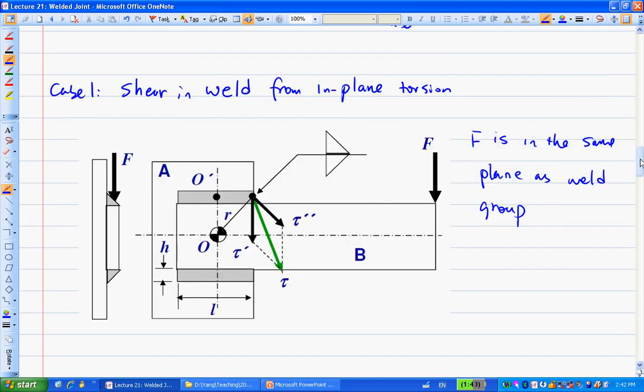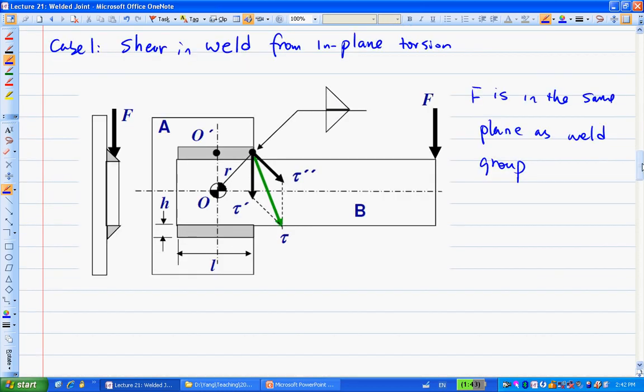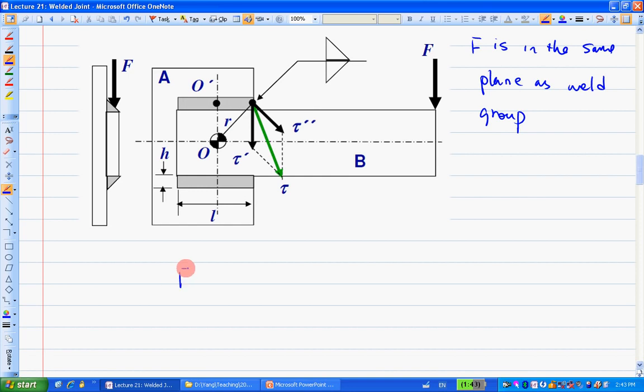If this is in-plane and you have a weld group right here, what kind of stress exists? Or what's the critical value that we're looking for in the weld group here? So what we do is this. We have the force applied here, and we're looking at this weld group. If I single out this weld group right here, just for example, the weld group is like this, and this is the center, also called the centroid.